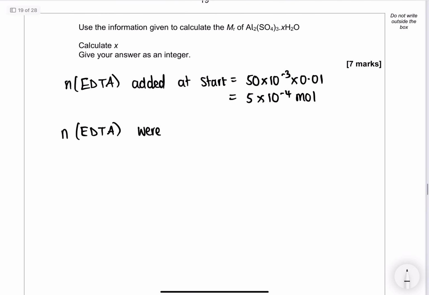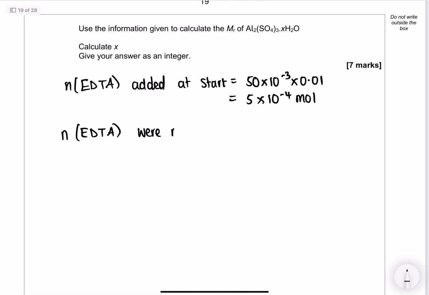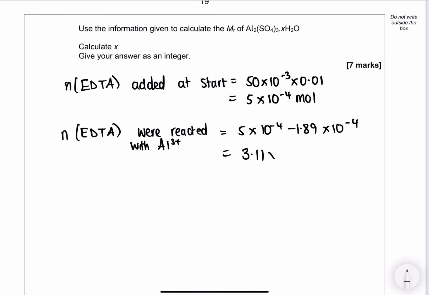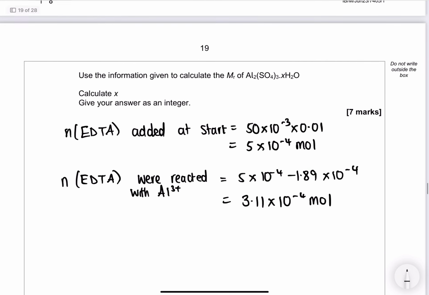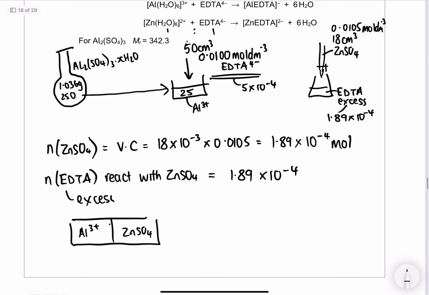So the number of moles of EDTA that reacted with Al3+, we're going to do a subtraction to find out. So 3.11 times 10 to the minus 4 moles. Remember in the diagram, that is now how many were in here.